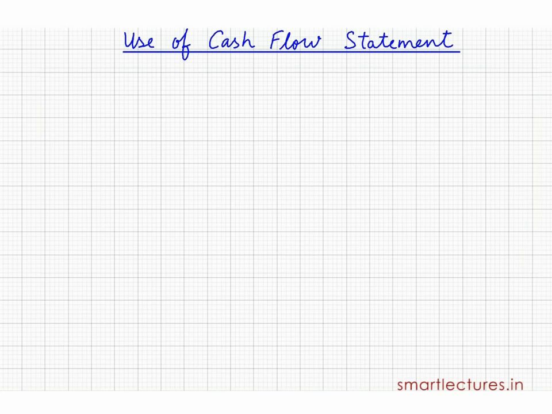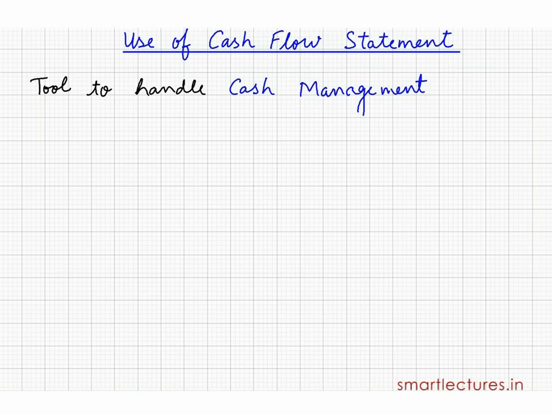Now, you must be thinking about this thing, that what's the use of making cash flow statement? If everything is recorded in the cash book, I mean to say every receipt and every payment can be found in the cash book, then what is the use of making cash flow statement? Actually, cash flow statement is a very good tool to handle the cash management.